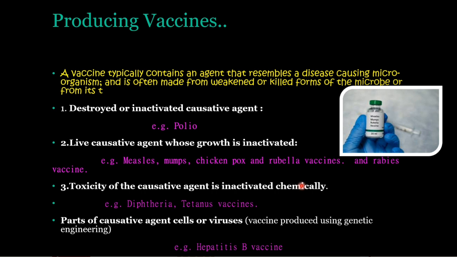It means the toxicity of the microbe is inactivated by using a chemical method. Examples are diphtheria and tetanus vaccines. Fourth one, parts of causative agents, cells or viruses. We know it simply as genetic engineering. The best example for it is the hepatitis B vaccine.